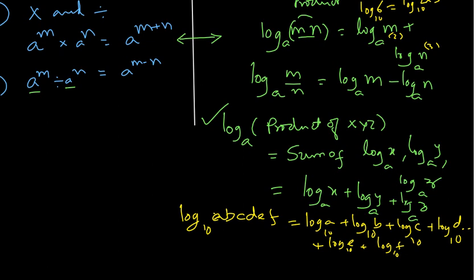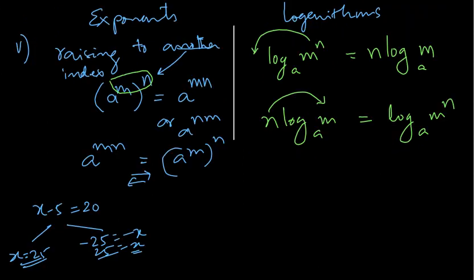Now raising to another power. If I have 2 to the power of 5 to the power of 3, this is equal to 2 to the power of 15. On the other hand, if I have 2 to the power of 8, I can write this as 2 to the power of 4 to the power of 2.